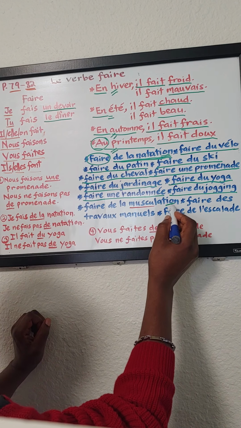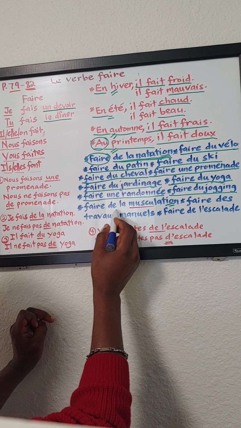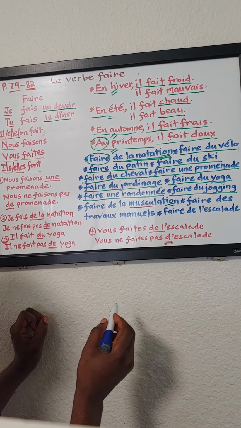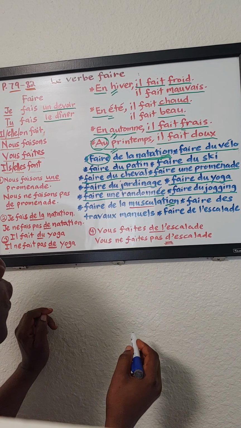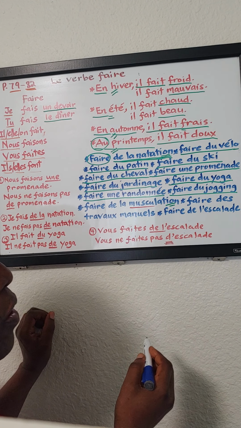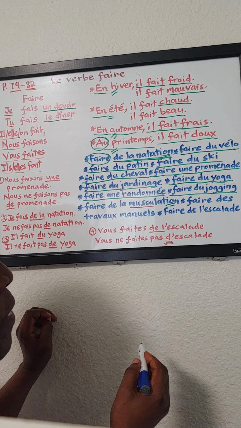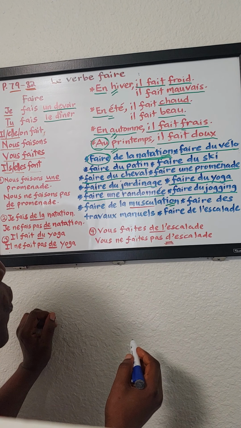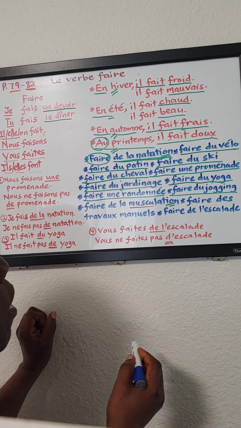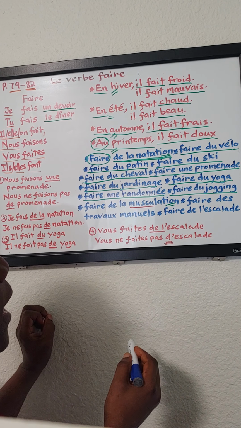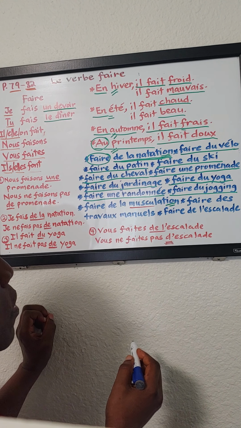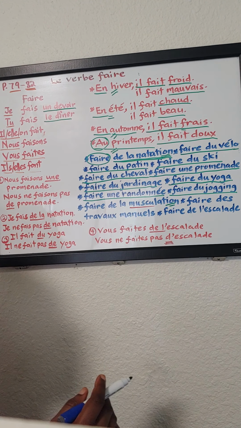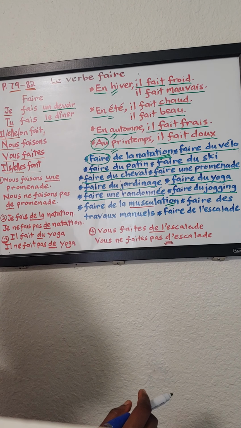See the same thing here, right? Faire de la musculation. Faire de la muscu. Okay, it can be abbreviated like that. Faire de la muscu or faire de la musculation. To go weight lifting or to lift weight.